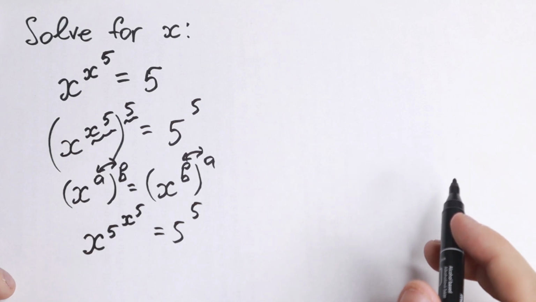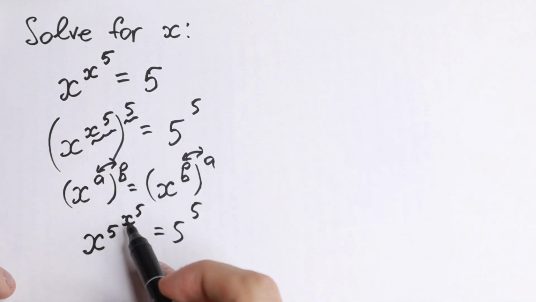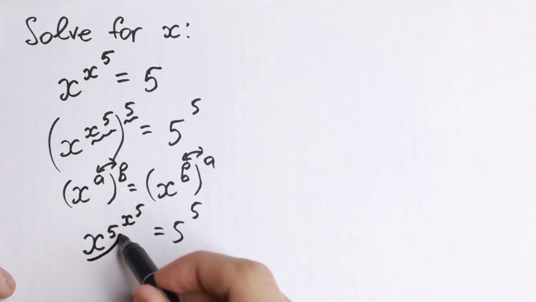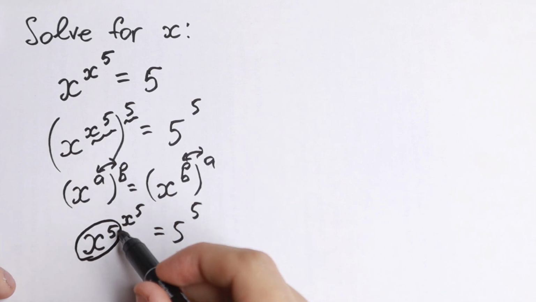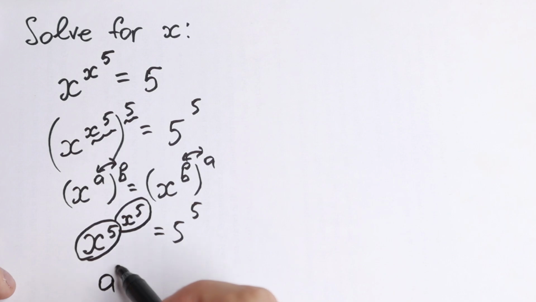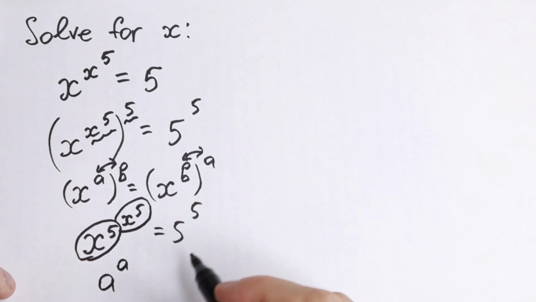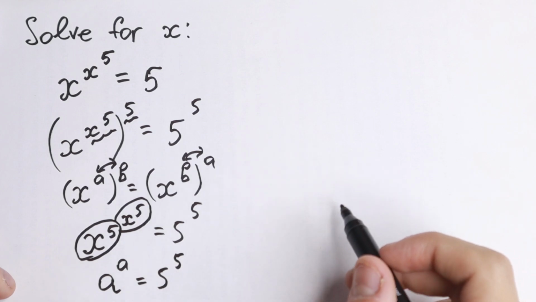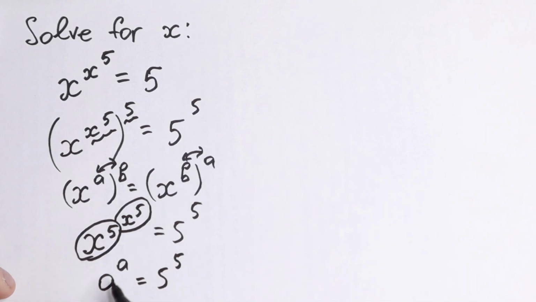And now on the left-hand side, we have x to the power 5 to the power x to the power 5. We have two same elements, this one and this one. So this looks like a to the power a, two same elements, equal to 5 to the power 5. As you can see, same base, same exponent, and right here same base and same exponent.